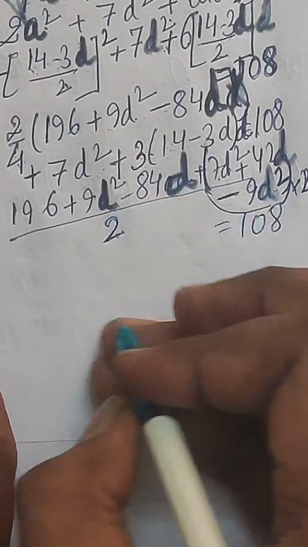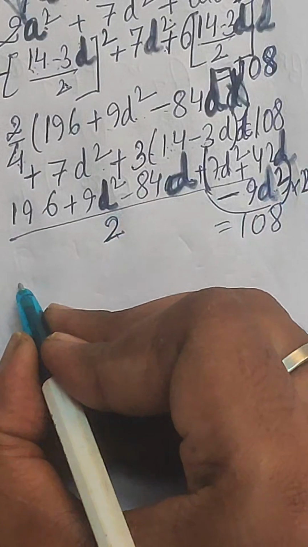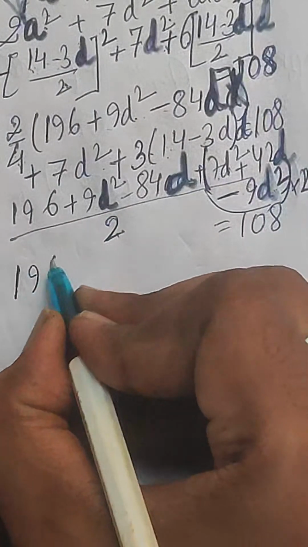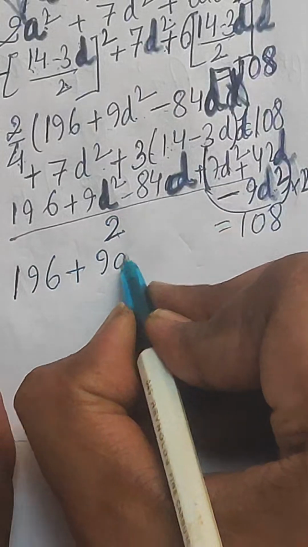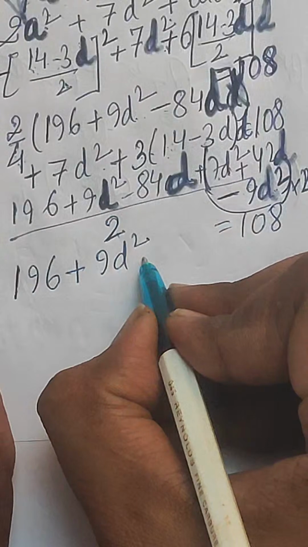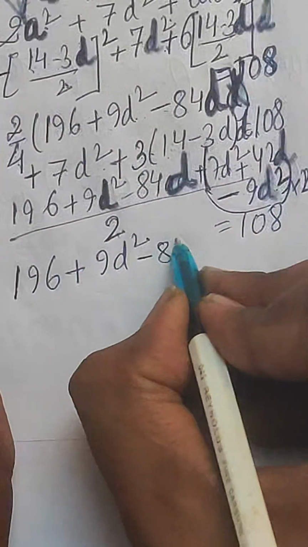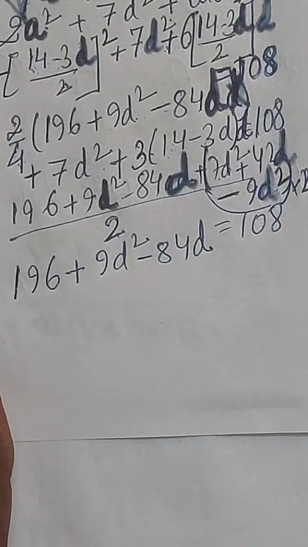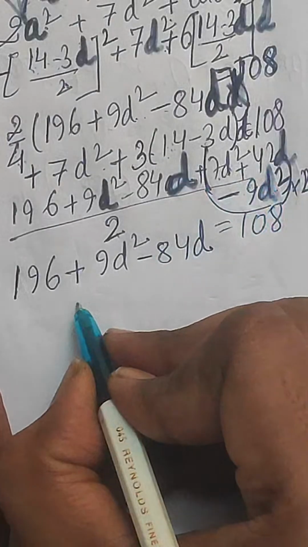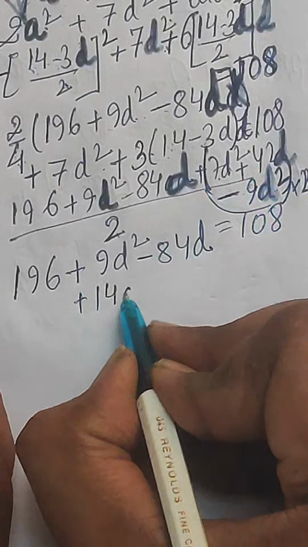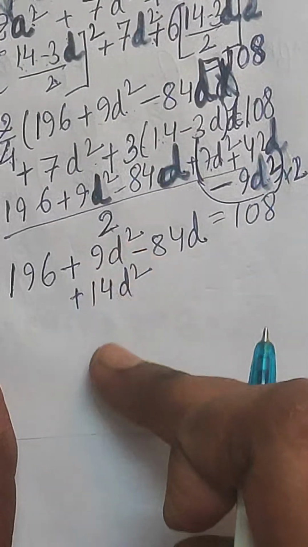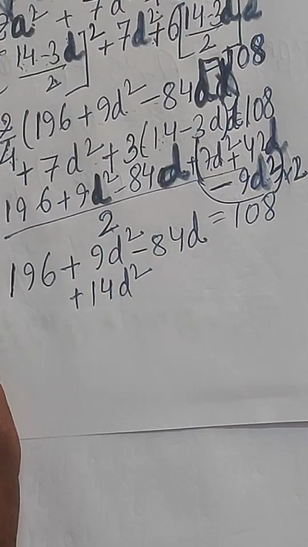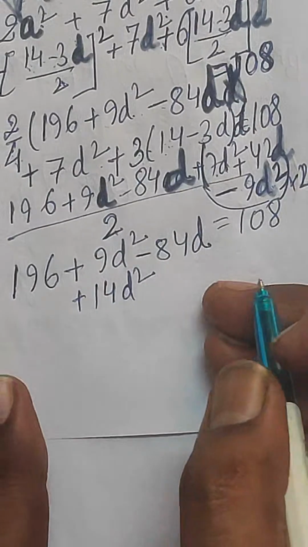The above equation will be simplifying as 196 plus 9d square minus 84d, right? And plus this 14d square. I'm just writing all the common variables together.